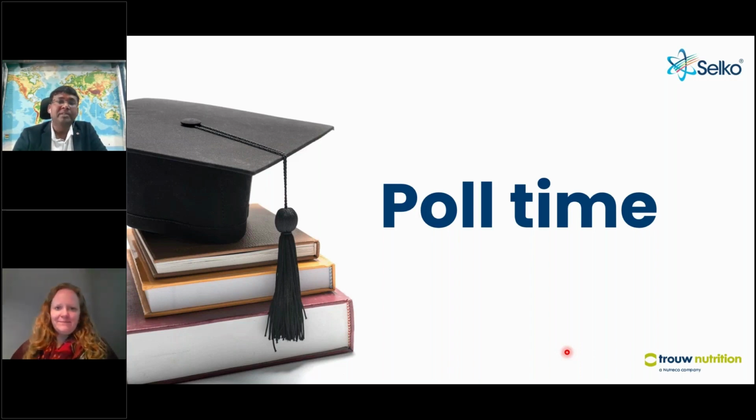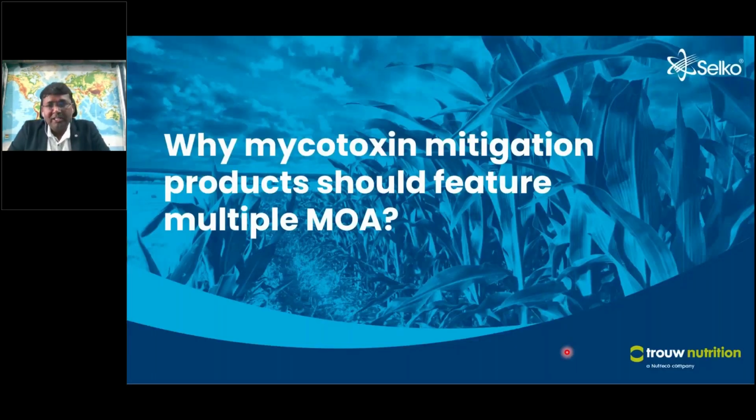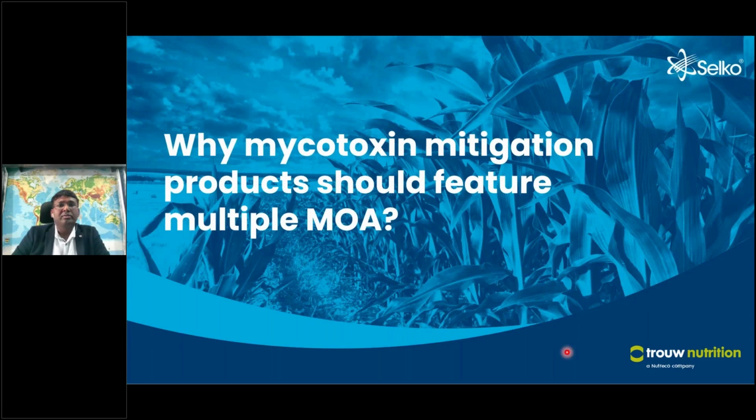Okay, great. So the last part, of course, a very practical one, is mitigating the mycotoxins. It is very important because, for a number of reasons, binding alone is not going to be enough. We all know that it's not something new. We need different modes of action coming in.